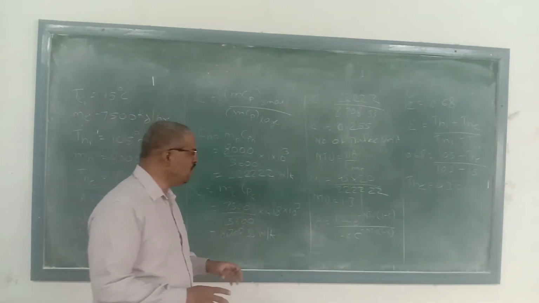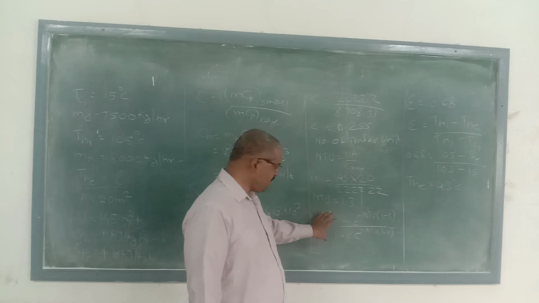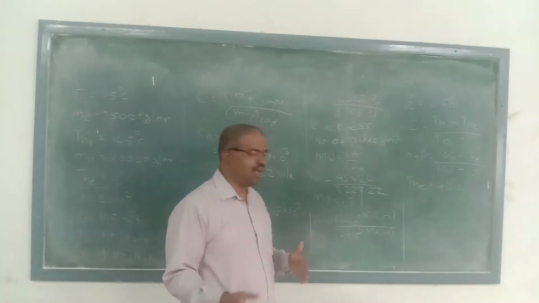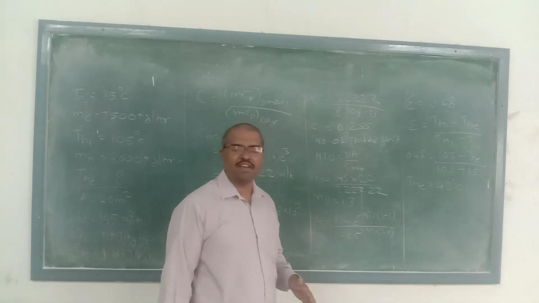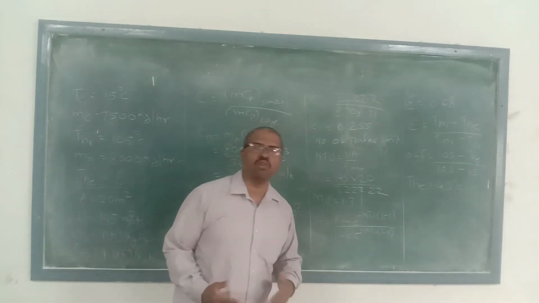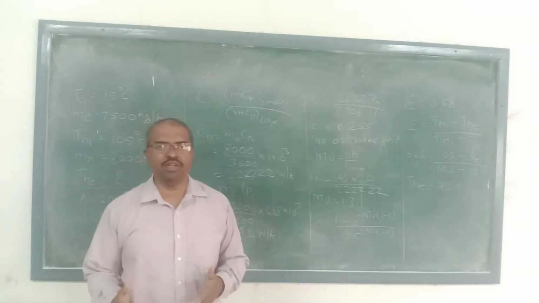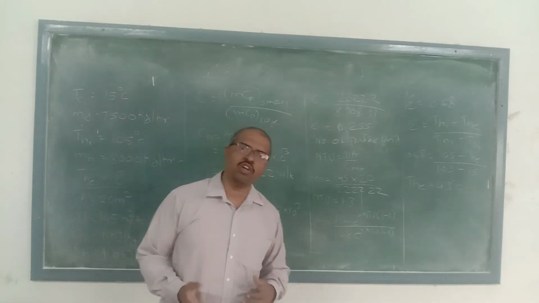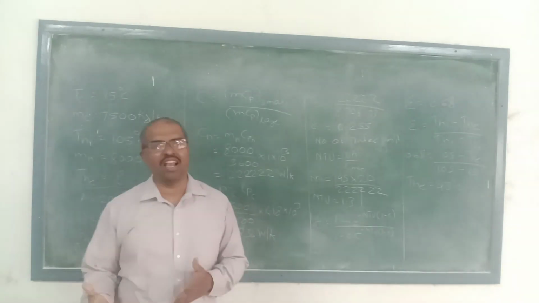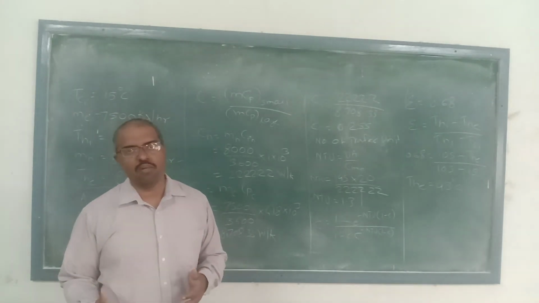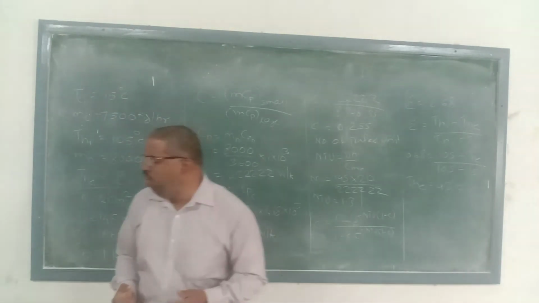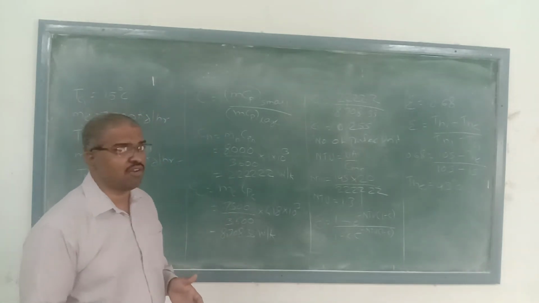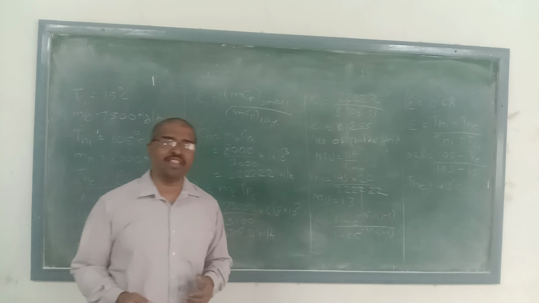Whenever they are mentioning the given data, after observing that given data, first you have to decide which method you are going to implement. In some problems they directly say to solve the numerical by using the NTU method or the LMTD method. In this problem also they have said to solve by using the NTU method, and we have calculated the effectiveness using the NTU method.